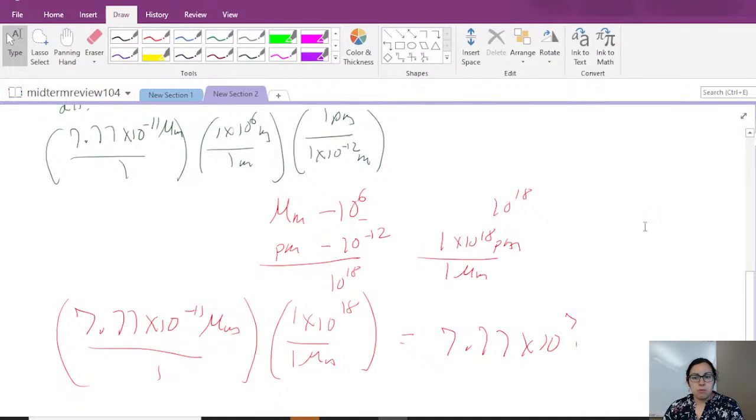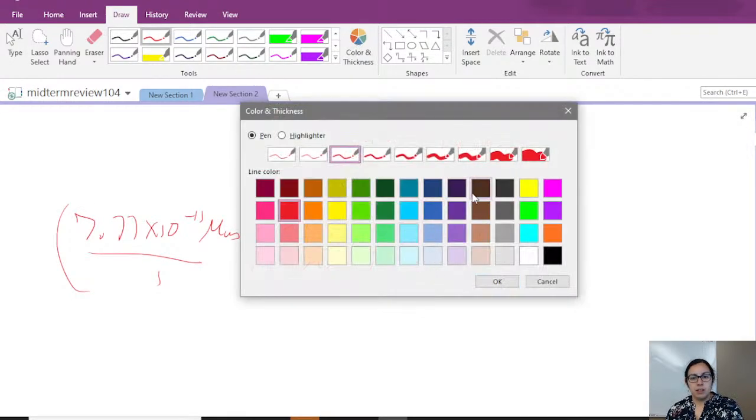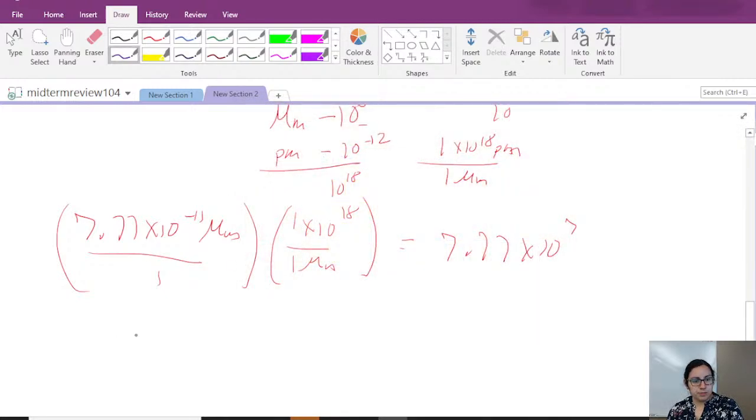All right, let's do one more metric conversion. So now convert 5 times 10 to the 7th micrometers to kilometers.